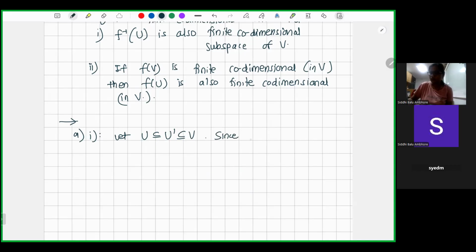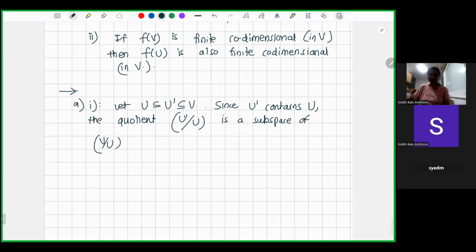And since U dash contains U, the quotient U dash quotient U is a subspace of V quotient U.